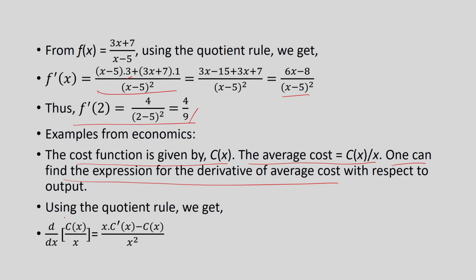Now, we use the quotient rule. On the left hand side you have d/dx of C(x) divided by x, and if I use the quotient rule I get this expression: (x multiplied by C'(x) minus C(x)) divided by x square. Now, let us simplify it further.